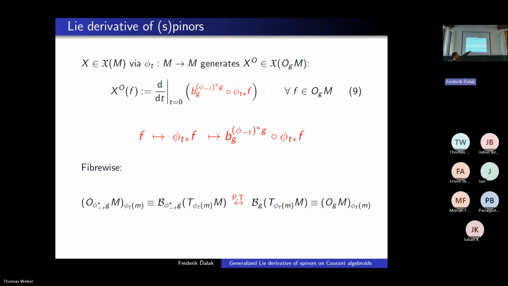I'm not sure. I'm just sure that once you compose these two, it gives you an equivariant map with respect to the action of the group, which gives the isomorphism. And isomorphism, yes.